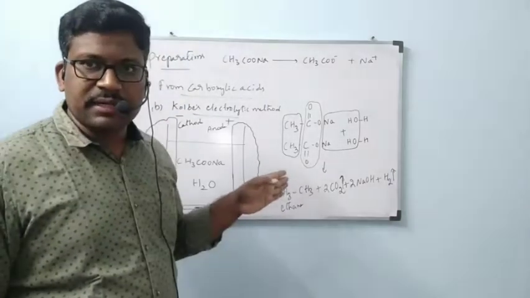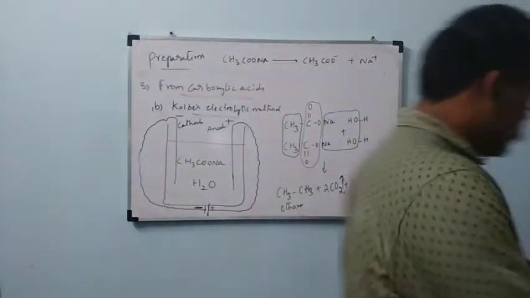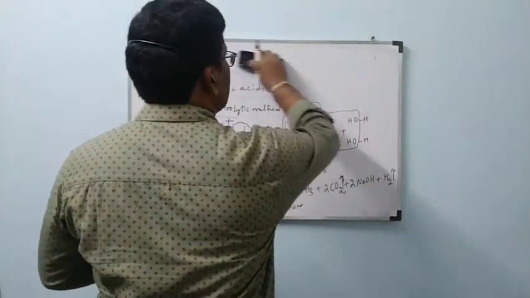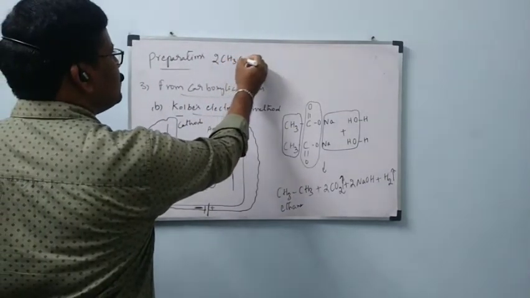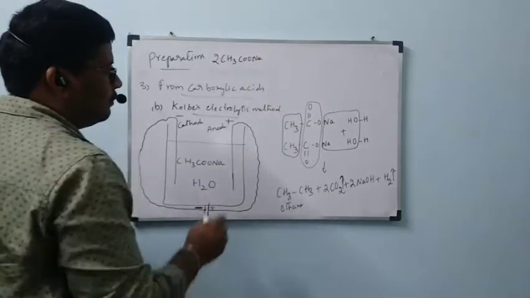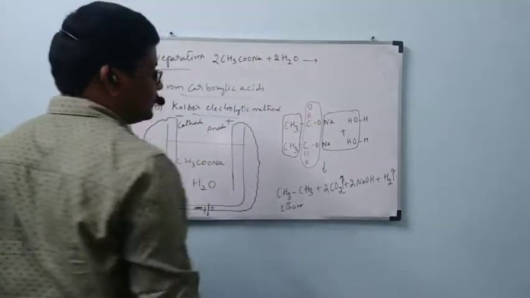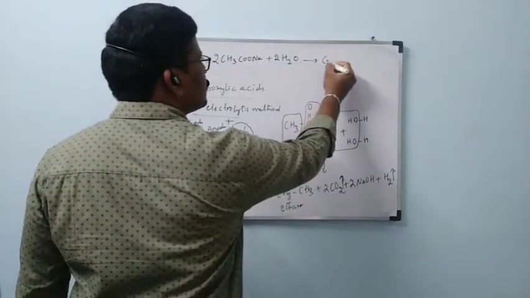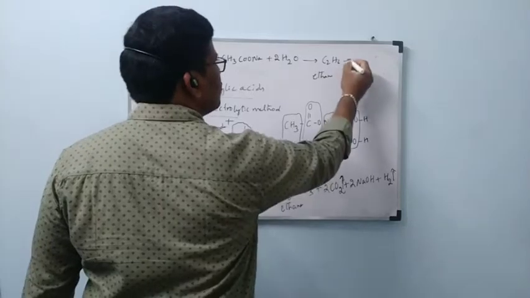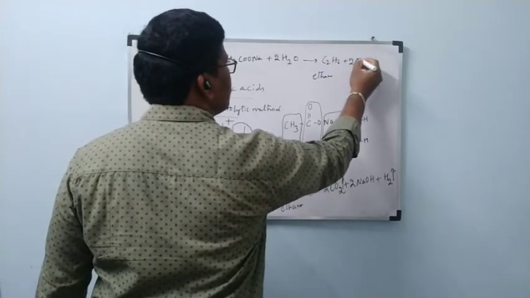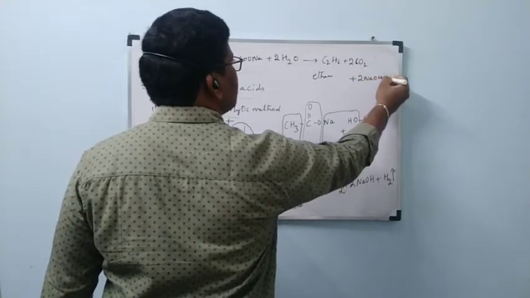Normally, this reaction can be written as 2 moles of CH3COONa reacts with 2 moles of H2O to give C2H6, ethane, plus 2 CO2 plus 2 NaOH plus H2.